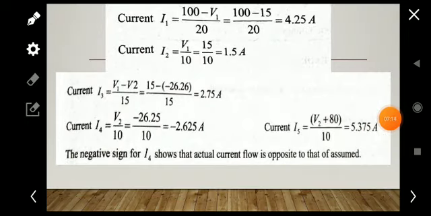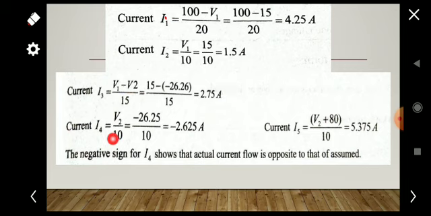And for finding the current in all the branches, the current I1 is (100 minus V1) by 20, and we know that the voltage V1 is 15, so we substitute and find the value of I1. The current I2 is V1 by 10, so 15 by 10, 1.5 ampere, and I3 is (V1 minus V2) by 15, and we know that V2 is negative. So just substitute the value here, 15 minus of minus 25, it is not 26, it is 25, divided by 15, we will get approximately 2.75.